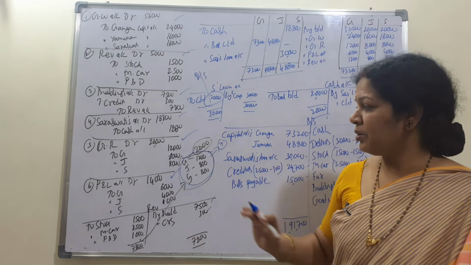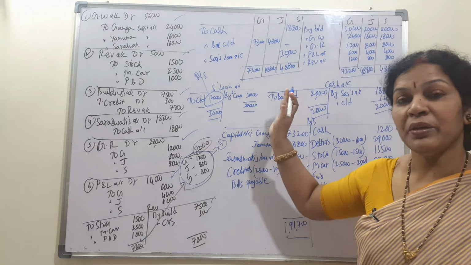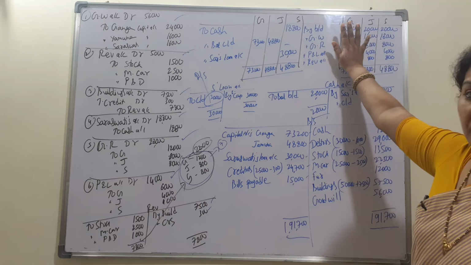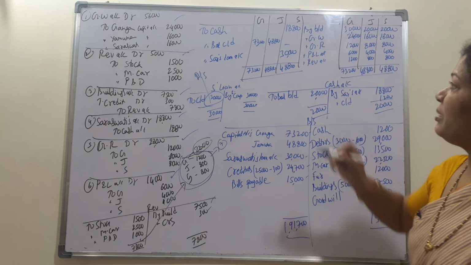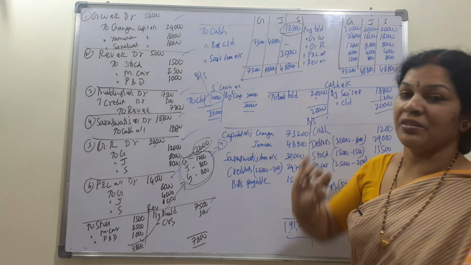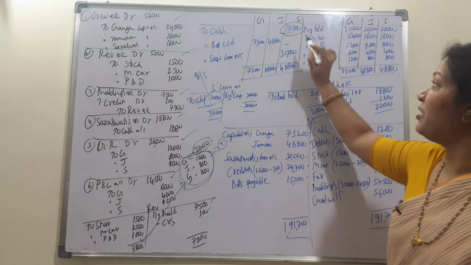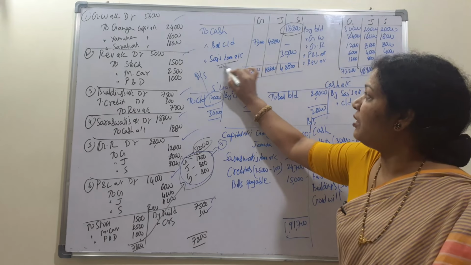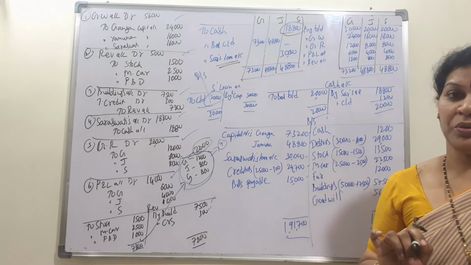This 7th entry. Okay. After this what we have done, opened the capital accounts. Capital accounts, everything transferred on the credit side. Important thing remember is that cash. Saraswati is going to get this much of cash, rest of the amount is transferred to the Saraswati's loan account.